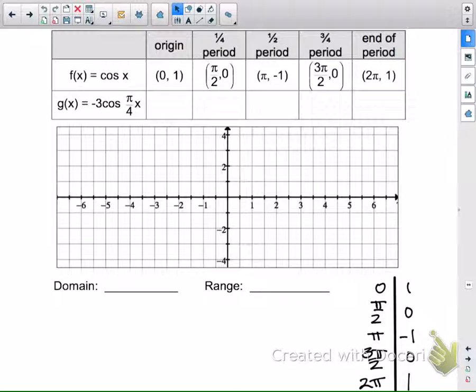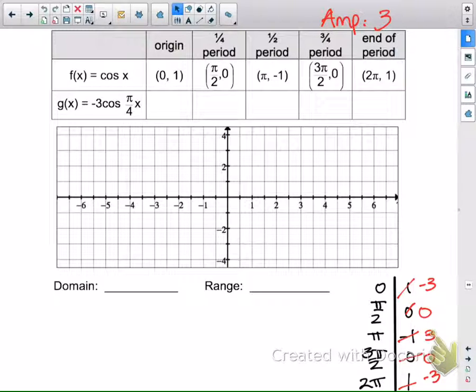In this case, what's our a value? -3, which means I take my y values and I multiply each of them by -3. That means my amplitude is what? +3. So you can fill that in up here. What's our b value on this?